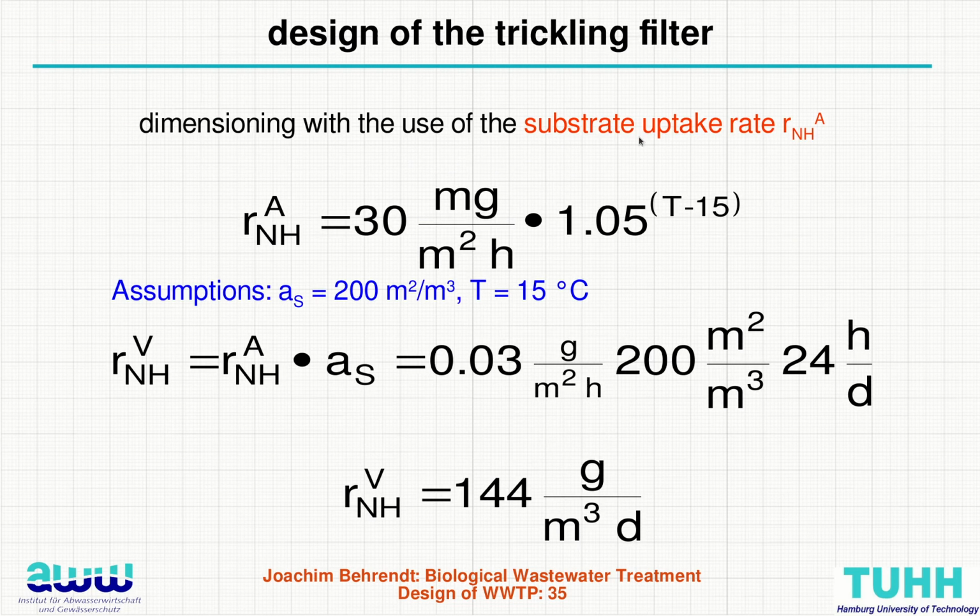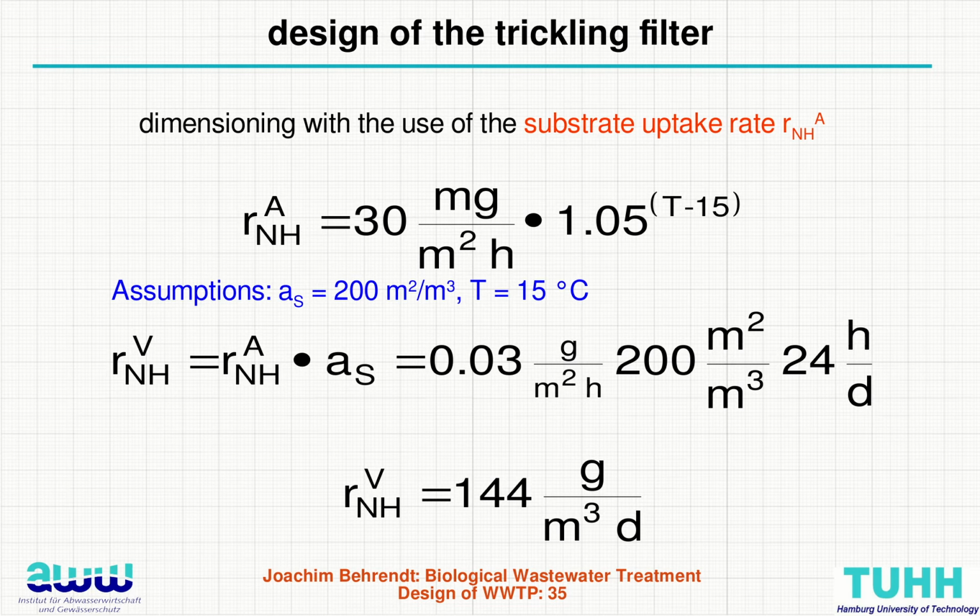Then we have a look at the nitrification inside the trickling filter. There we know that we have a surface uptake rate of 30 milligrams per square meter and hour at 15 degrees. In our case, for 15 degrees, we have this 30. We are assuming we have a high-tech packing material which provides us with 200 square meters per cubic meter.